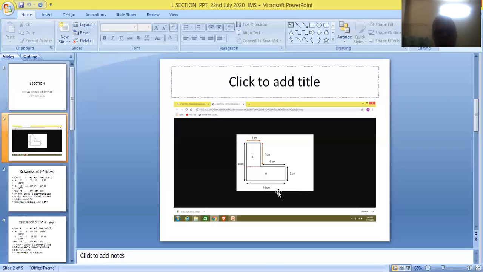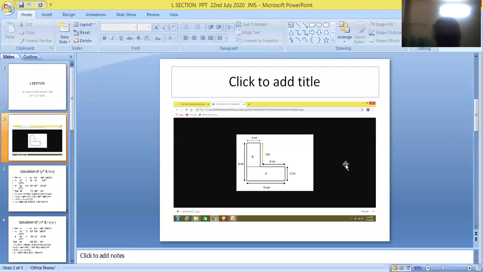Once again, I repeat, as far as this problem is concerned, B1 should be taken as 10 centimeter, D1 as 2 centimeter, B2 as 4 centimeter, and D2 as 7 centimeters.